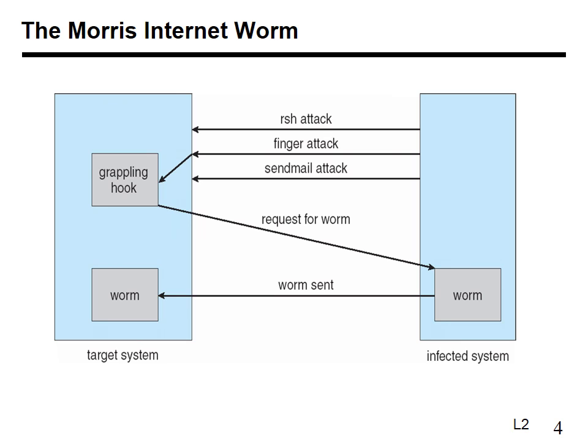The grappling hook then is going to request the main program for the worm from the infected system, and then the infected system is going to send that worm back to the target system. Basically, once a grappling hook has been installed on the target system, the target system is going to be infected. There's no ifs, ands, or buts. So this is a typical worm. Modern worms work almost exactly the same way that this works.